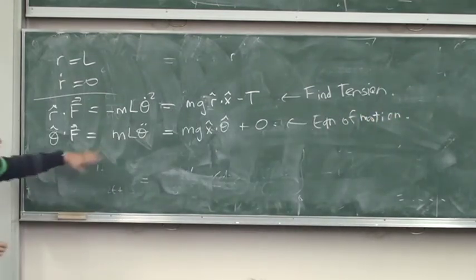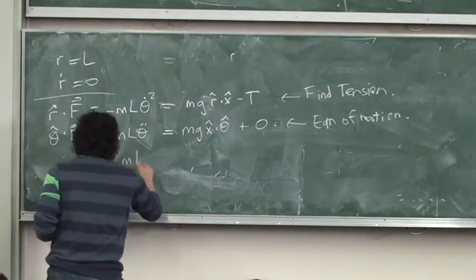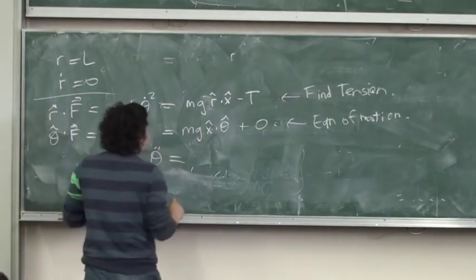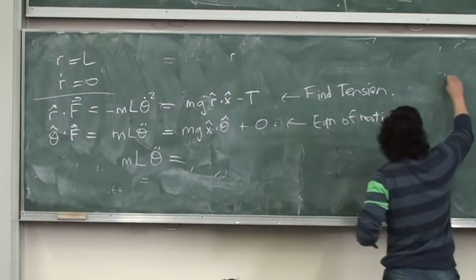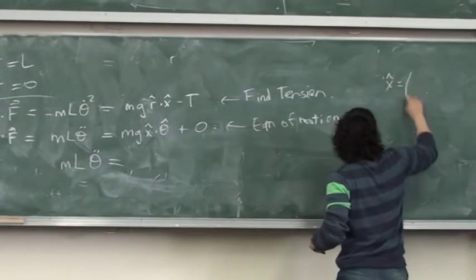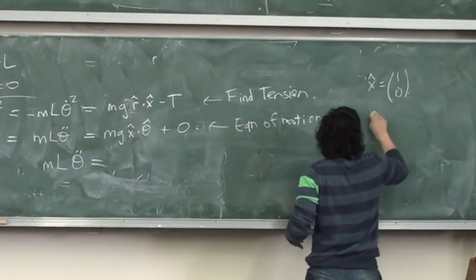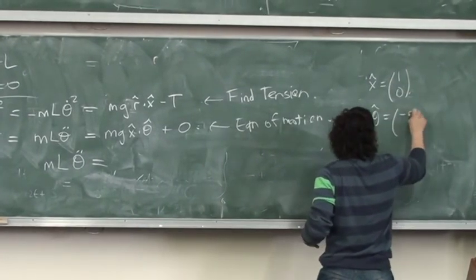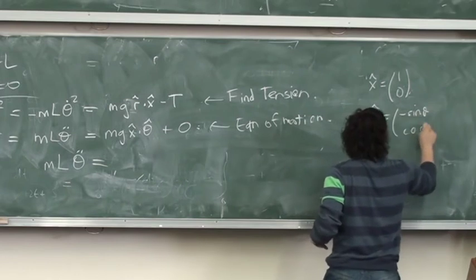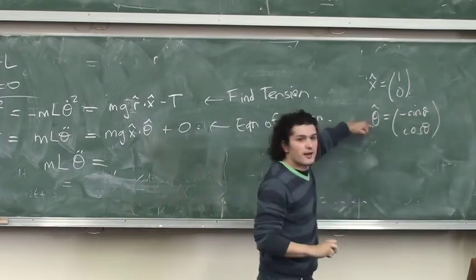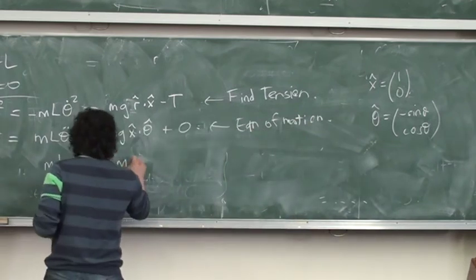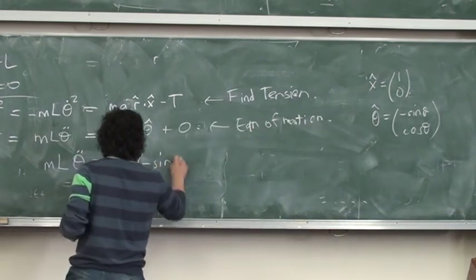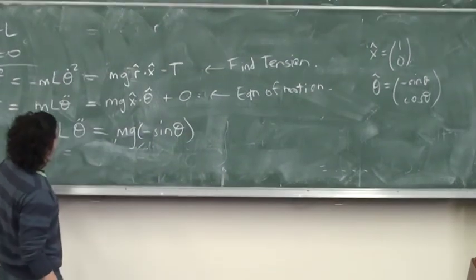Okay, let's solve it. mL theta double dot is equal to mg times x hat dot theta hat. That's going to be x hat, which is (1, 0), theta hat, which is (minus sine theta, cos theta), dotted with each other, minus sine theta, equals mg times minus sine theta. Okay, we're just about done.